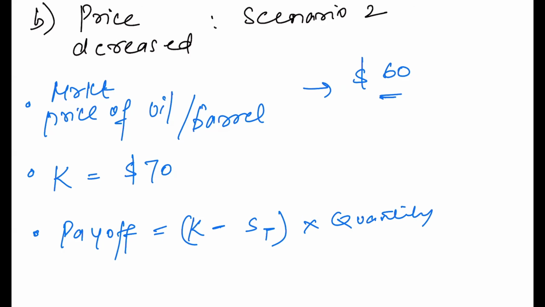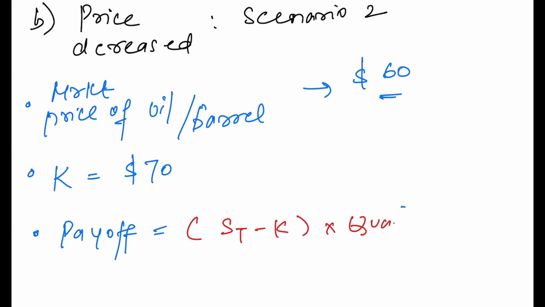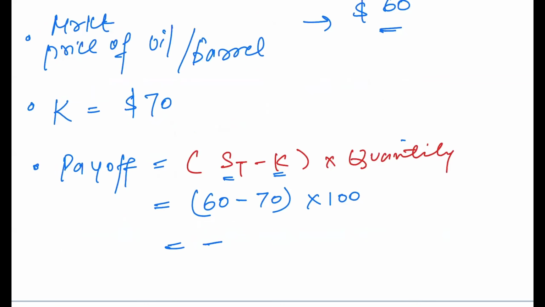Okay, one thing I want to say, because we are looking from a buyer's perspective, sorry, then this will be ST minus K times quantity, right? So what is ST? ST is 60 minus 70, right? Right now the market price is 60, predetermined price is 70, and we know quantity is 100. So this is nothing but negative $1,000.